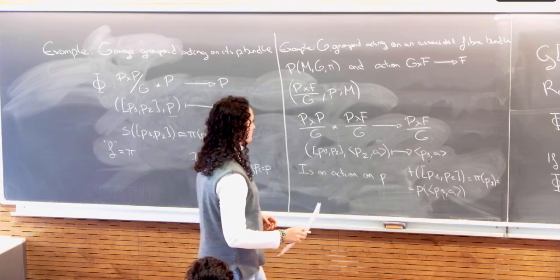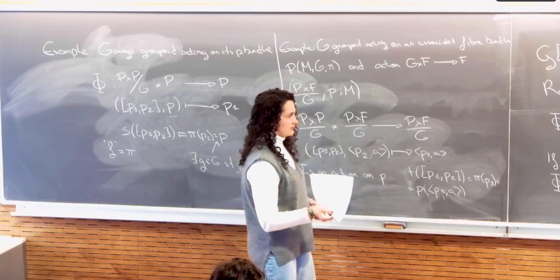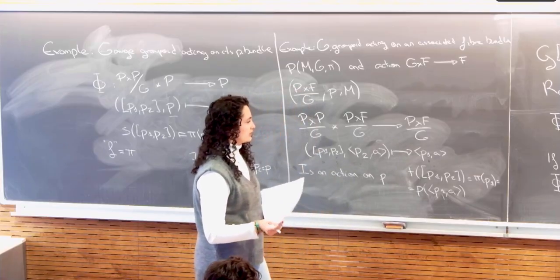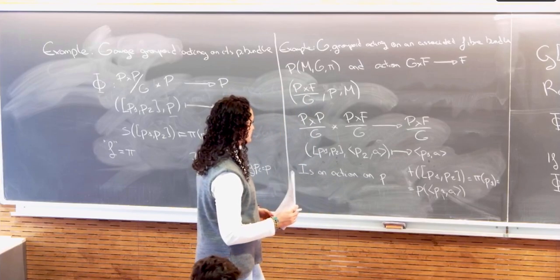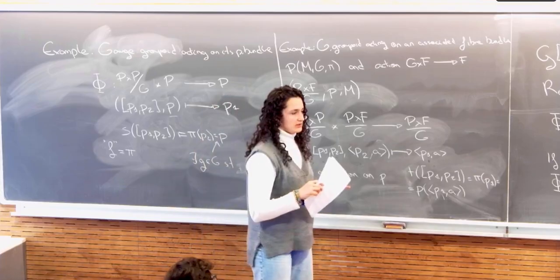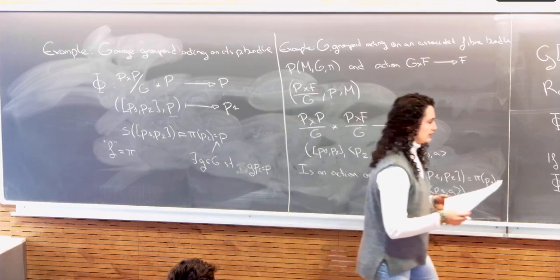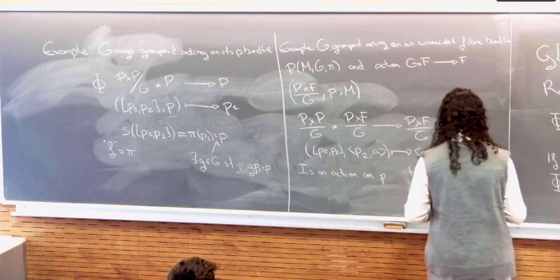So in the lecture on the local triviality of Lie groupoids, we talked about the isomorphism between a locally trivial Lie groupoid and a gauge groupoid.